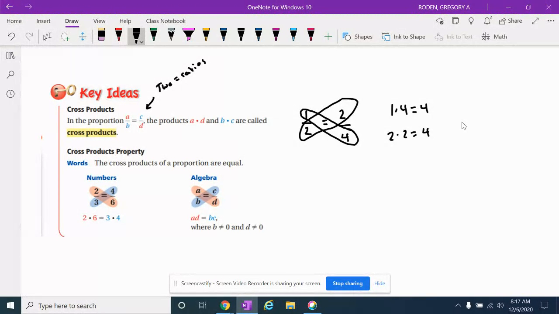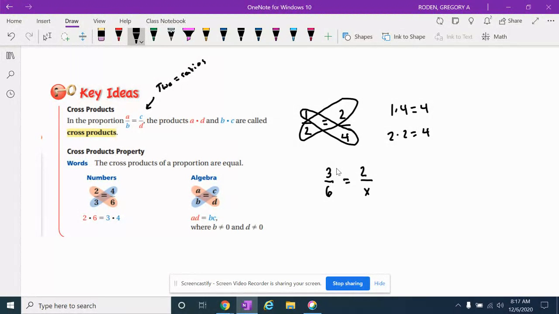Now, let's say I wasn't sure. Let's say I had 1/2 is equal to 2 over something, and I didn't know what it was equal to. Obviously, you know it's 4, but let's make this a little more interesting. Let's say 3/6 is equal to 2 over what?